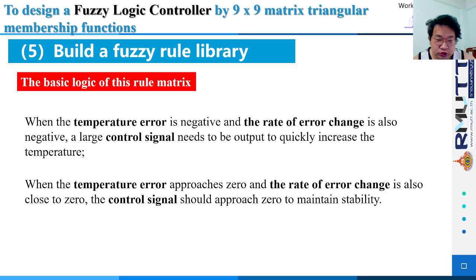When the temperature error approaches 0 and the rate of error change is also close to 0, the control signal should approach 0 to maintain stability.